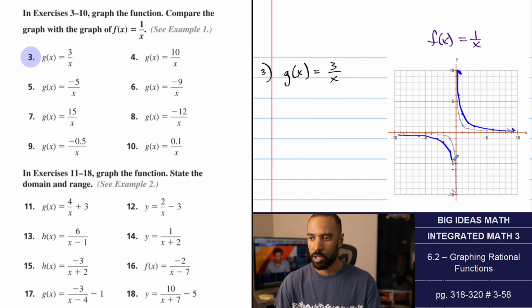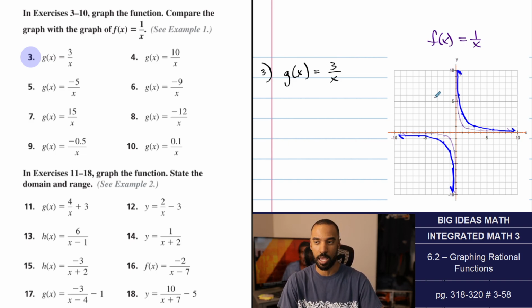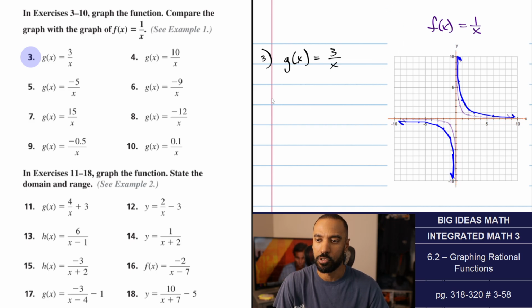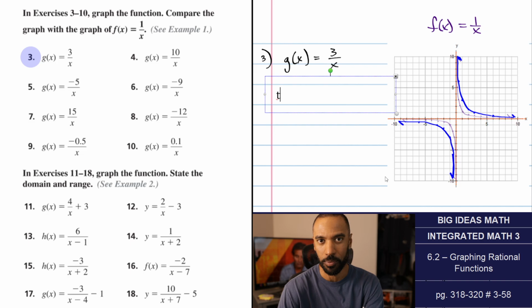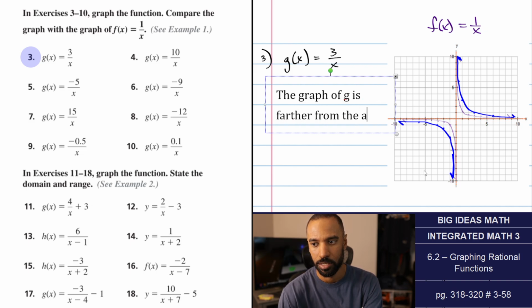So I got everything ready with the 1 over x thing. Obviously, I get to copy paste that each time. I think you'll either have to redraw it or just straight up ignore it, honestly. If you don't want to draw it each time, good on you. I think after these problems, we don't have to compare it. So the graph of g is, I'd like to say, a vertical stretch by a factor of 3, which is true. But they've been saying the graph of g is farther from the axes than f.